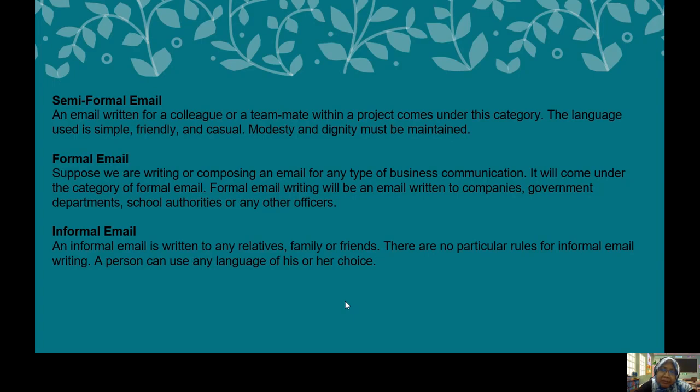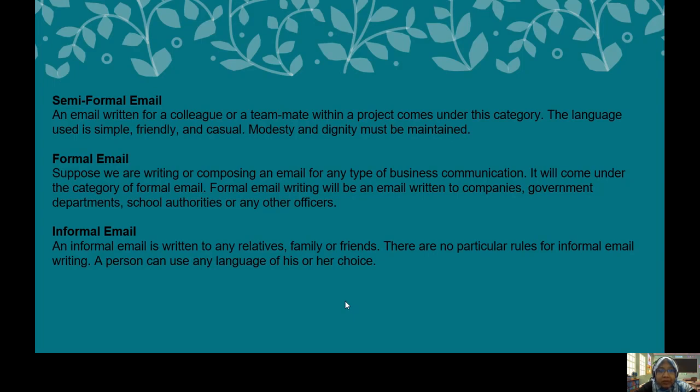Alright, what about formal email? Okay, formal email, suppose we are writing or composing an email for any type of business communication, or as I said before, when you want to write to your form teacher, to your teachers, to your principals, and then maybe to someone that you know is going to be your boss.